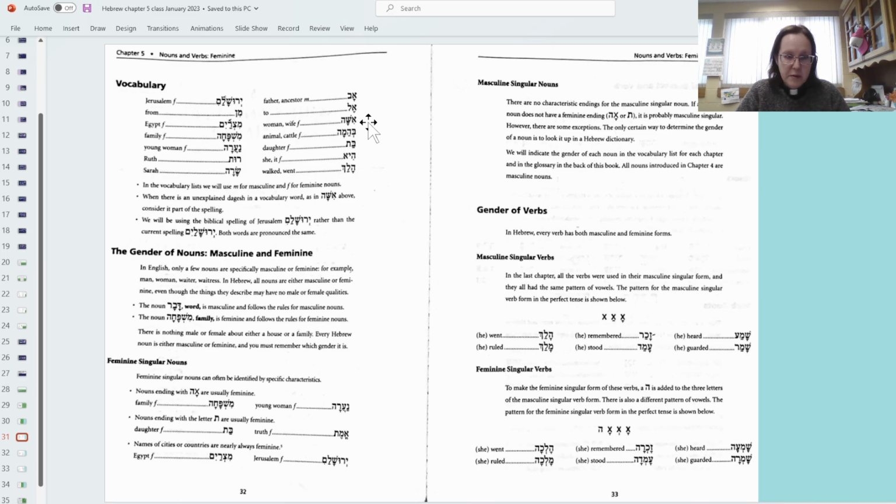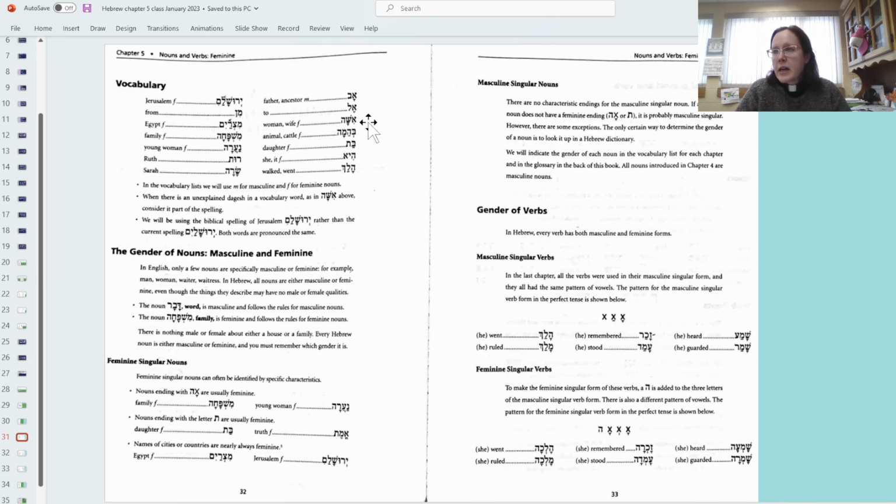I just said young woman twice. Na'ara is young woman. We have Ruth or Root. Then we have Sarah, which is Sarah. So in the vocabulary list, they use M and F to tell you which ones are masculine and feminine. You'll get that throughout the book.